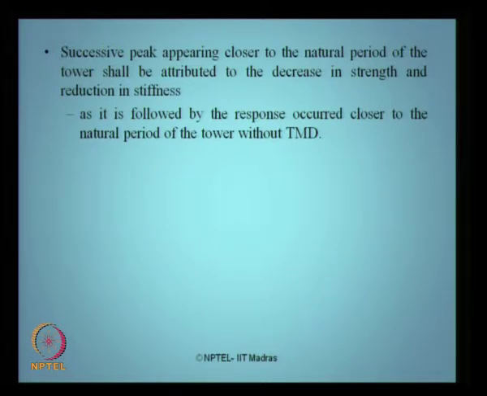So, there is a shift of frequency also because of K is getting altered. So, at this time TMD assists, or the secondary mass assists the primary system for response reduction. And you will also note that the response reduction is maximum at the natural period of the tower when the TMD is attached, otherwise it is maximum without TMD, which is a simple observation in dynamic cases.